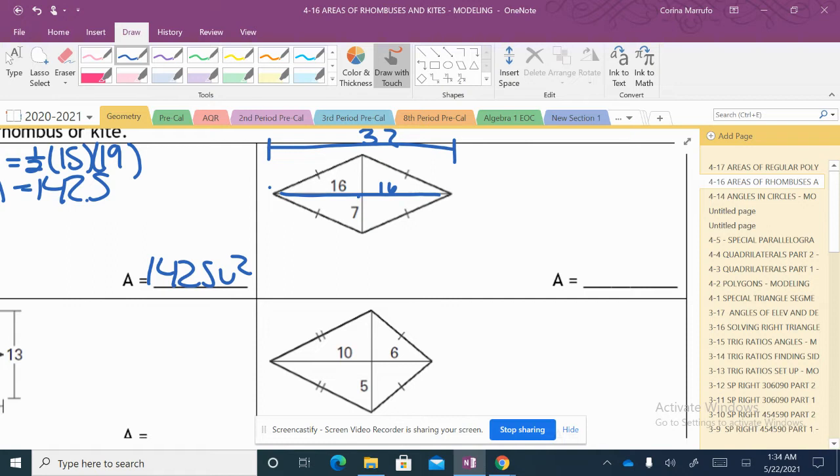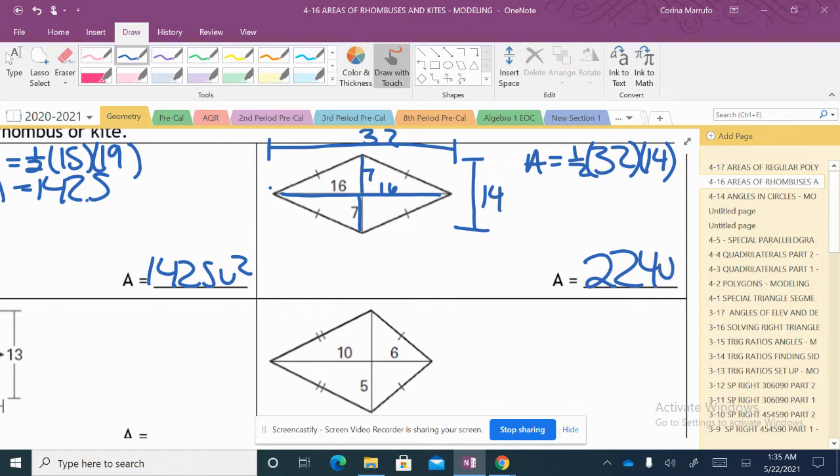If they put this piece of 7, then this other piece is 7, which makes the whole thing 14. So the area is equal to 1/2 of 32 times 14. Okay. So I'm going to go ahead and punch that in my calculator, and that gives me 224. They don't give us units, so I'll just put U squared.